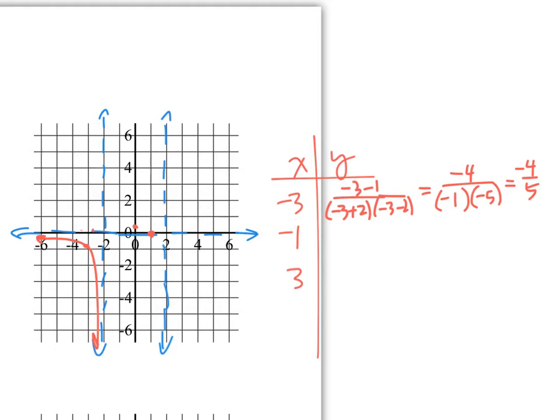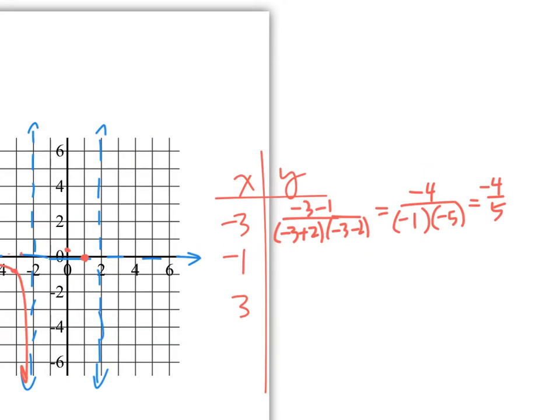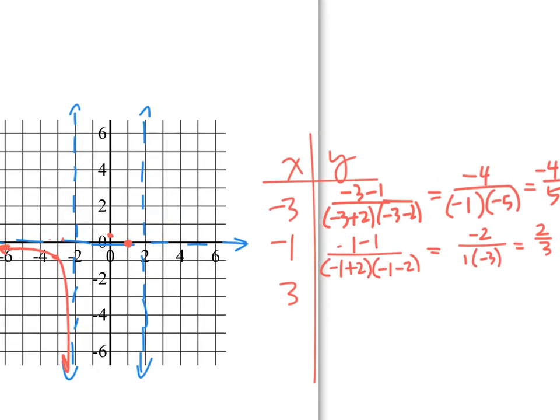All right, I'm going to put in -1 and see what happens there. -1 minus 1 over -1 plus 2 times -1 minus 2. That is -2 over 1 times -3. So what is that? 2/3. 2/3 is here, so it's going up.